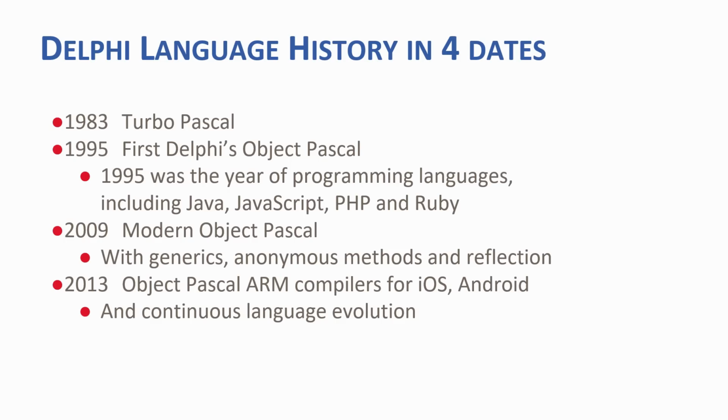Now, going back to 95, the thing I wanted to point out is that's an interesting year. It's the year that a number of programming languages became public. Not only Delphi, but Java, JavaScript, PHP, and Ruby. And that's quite interesting because I often hear things like, oh, Object Pascal is old. I mean, not like JavaScript, not like Ruby, not like PHP, not like Java.